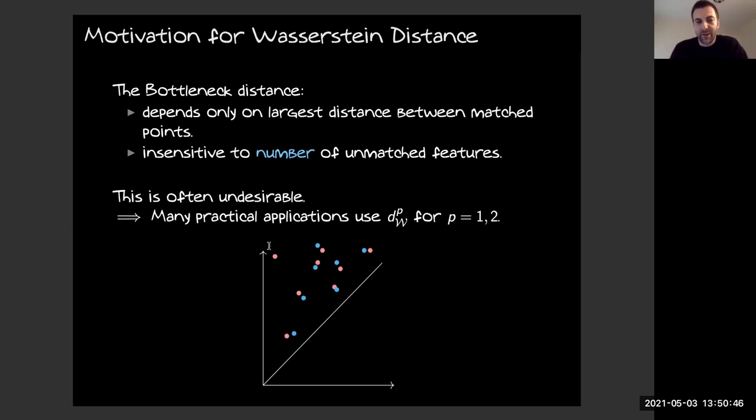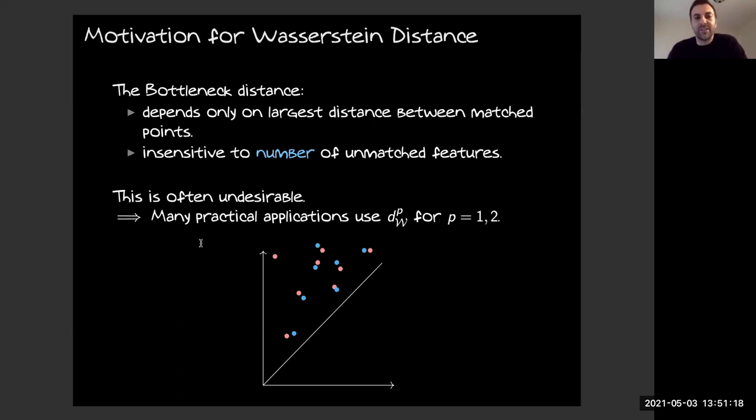So if you have persistence diagrams that look like this, where everything is tightly matched except this stray point that doesn't get matched, the bottleneck distance is going to depend only on the magnitude of this unmatched point, its distance from the diagonal. This is a lack of robustness that you might not want when you're working in applications. It might be that this kind of signal is not what you care about.